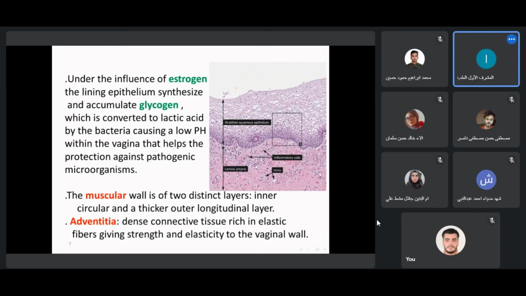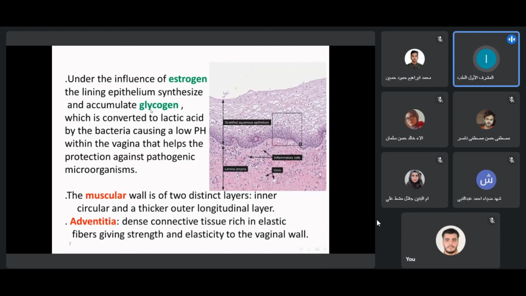Glycogen appears histologically as areas of clearing. You can see here the squamous cells appearing as clear cells. The darker staining are the nuclei of the cells, and the surrounding is the cytoplasm that accumulates a large amount of glycogen, appearing as clearing.